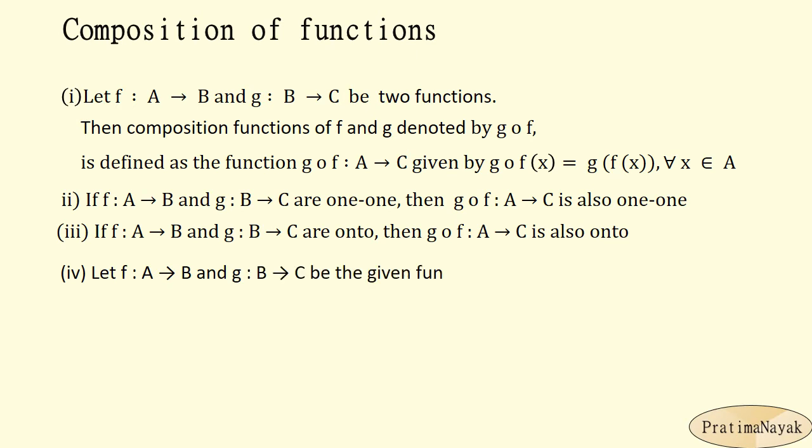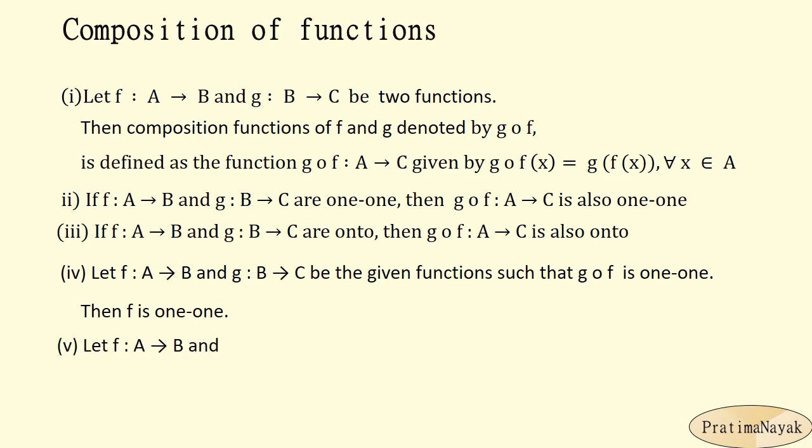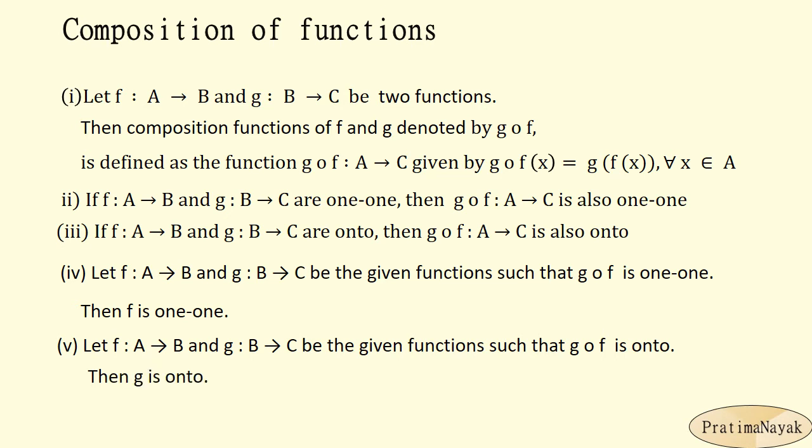If f from A to B and g from B to C are given functions such that the composite function g o f is one-one, then f is one-one. If g o f is onto, then g is also onto.